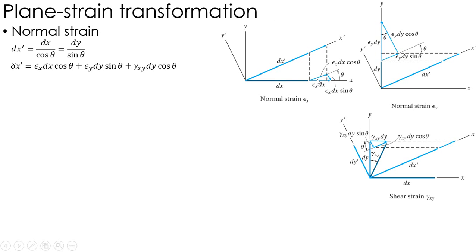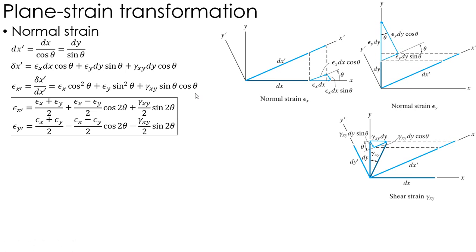So I have this little piece here, which is epsilon x dx cosine, then epsilon y dy sine, and then gamma dy cosine. Now, by definition, the strain in the x prime direction is delta x prime over the initial dx prime that I found previously. So dividing these two, I get something that looks like this for the strain in the x prime direction.